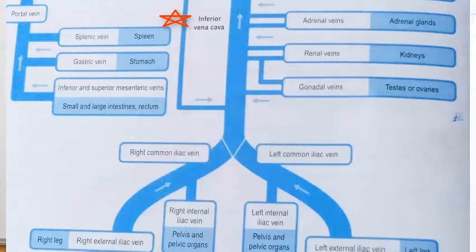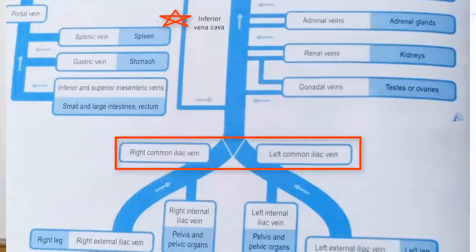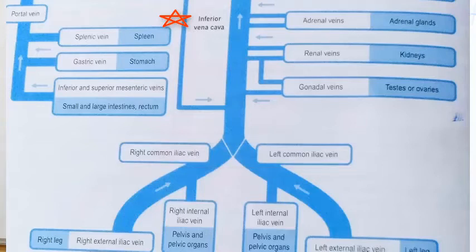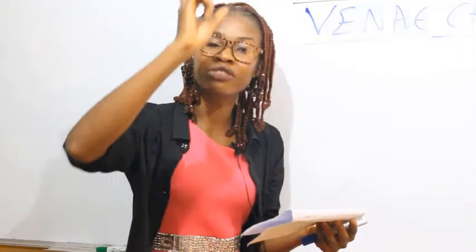Remember the artery there is called the common iliac artery, so the vein now will be called the common iliac veins. Blood that is coming up from the limbs goes through the common iliac veins. You know there are two, the right and left. They join at the fifth lumbar vertebra. That's how the inferior vena cava is formed.